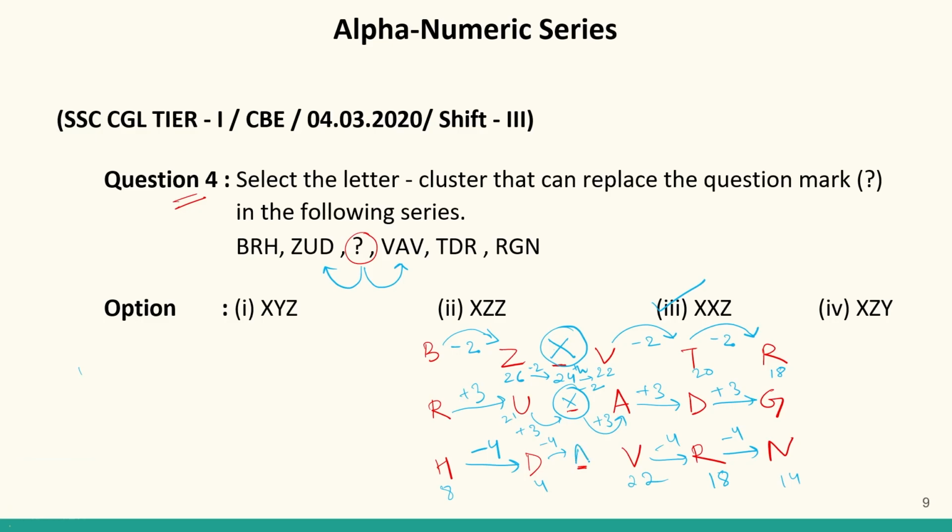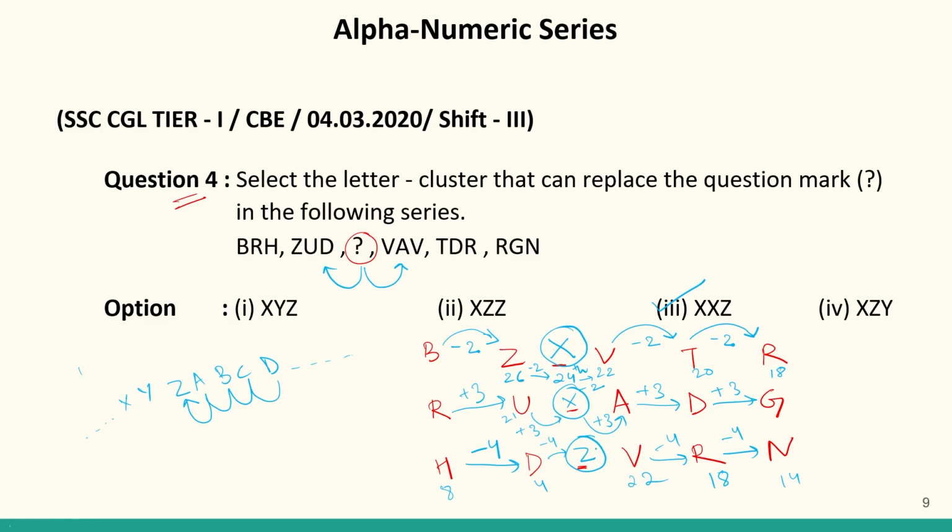That is A. Sorry. That is Z, because see, if we have something like this, right? We go in a loop. So if I have to move 4 positions back from D, 1, 2, 3, and 4. So Z will be the answer.